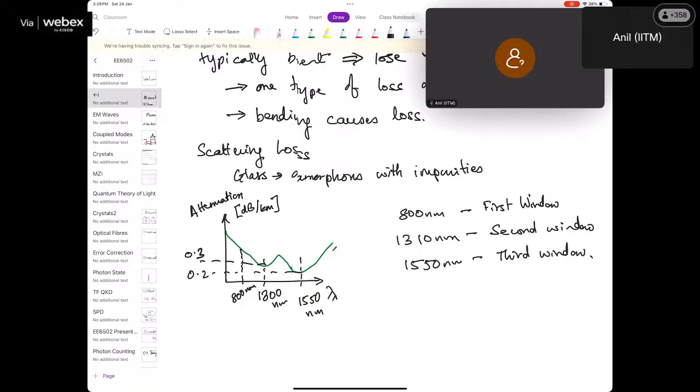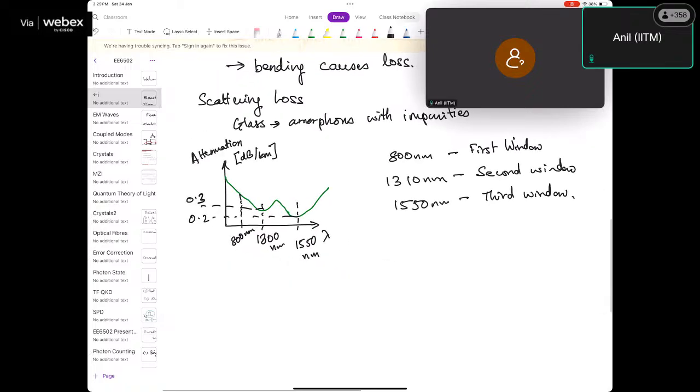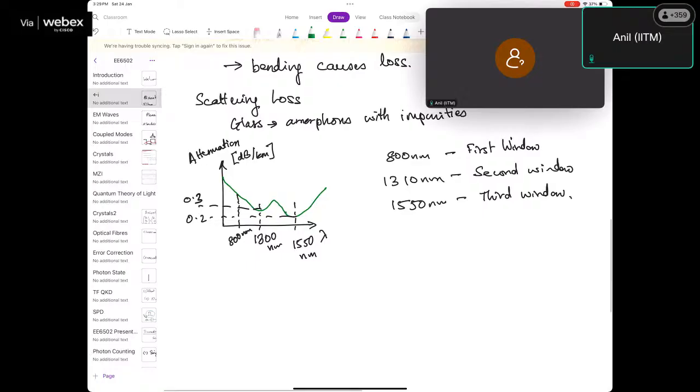Okay. Now, this is an important thing for us to understand because when people talk of quantum communications, you will hear them talk of different phenomena, but not all of them are actually focused at 1550 nanometers.